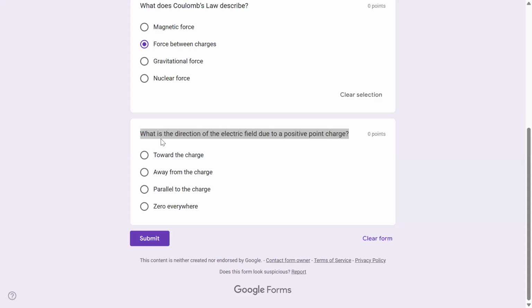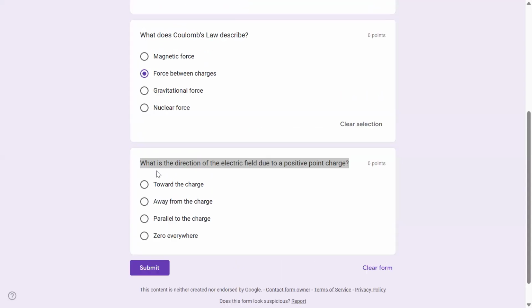For the third question, the options are: away from charge, parallel to the charge, towards the charge.